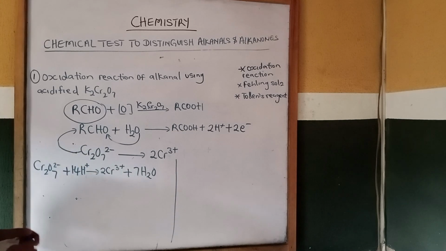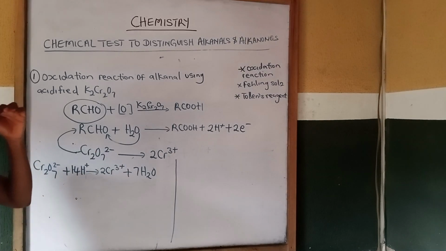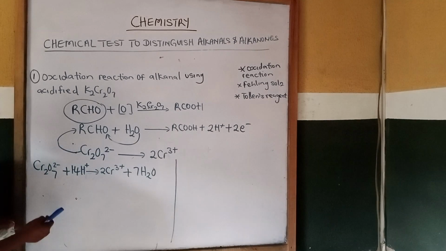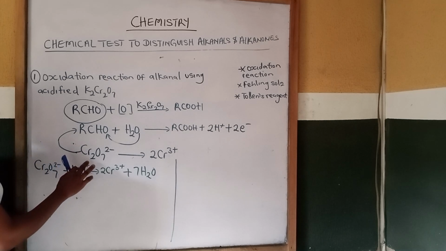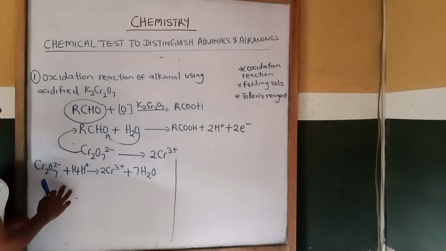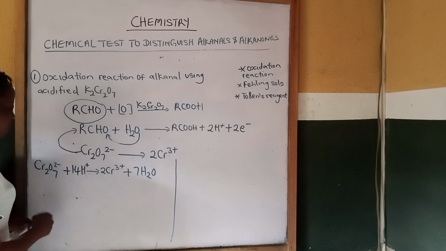But the number of electrons at this side is not equal to the number of electrons at this side, so you have to balance your electrons at both sides. From this side we have minus 2, and 14 times 1 is 14, so minus 2 plus 14 will give us plus 12. So we have plus 12 here. Plus 3 times 2 is 6, plus 6 at this side.